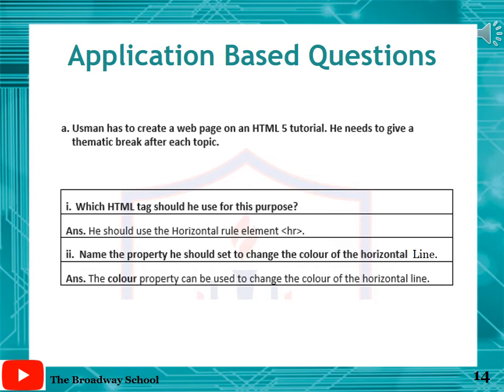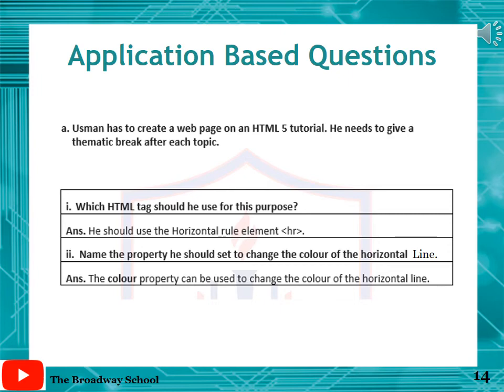Application based questions. Students, again you have to do these questions in your notebook. You can find these questions on your textbook page number 159. Usman has to create a web page on a HTML5 tutorial. He needs to give a thematic break after each topic. Part 1. Which HTML tag should he use for this purpose?